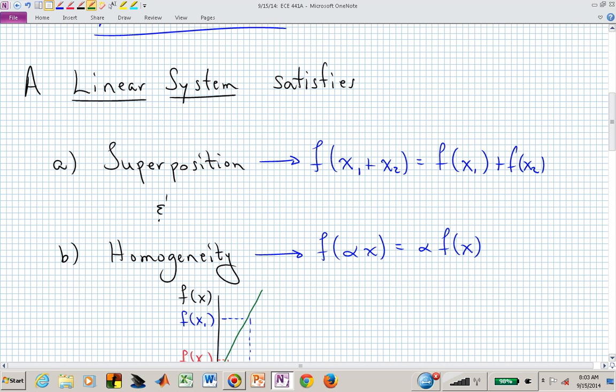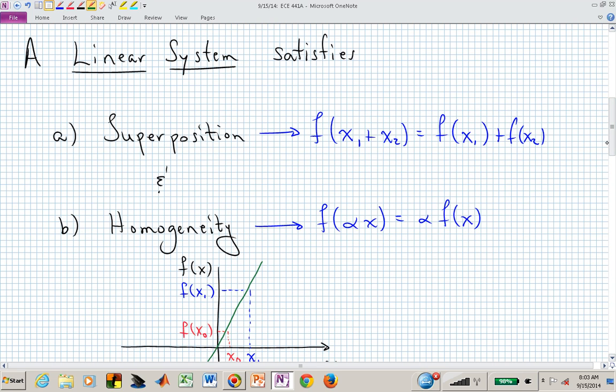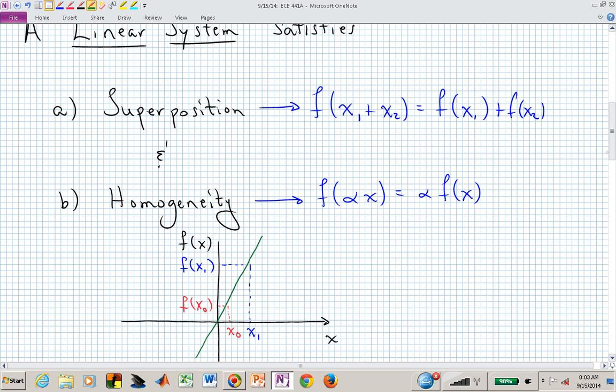A linear system actually has 2 characteristic properties. It satisfies superposition or additivity and homogeneity. And these are really just a functional description of what we mean by superposition and homogeneity.